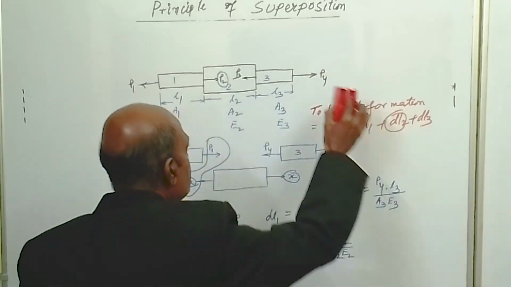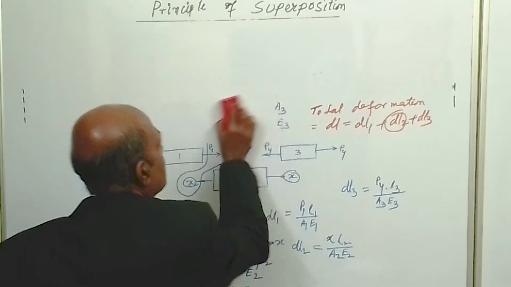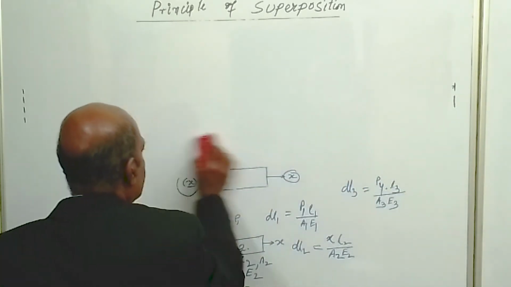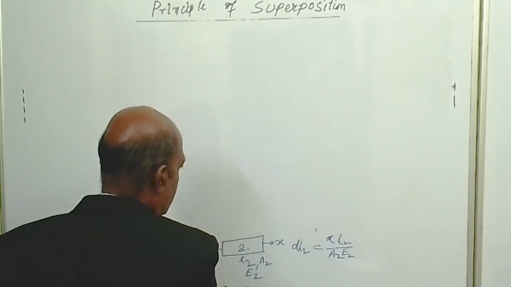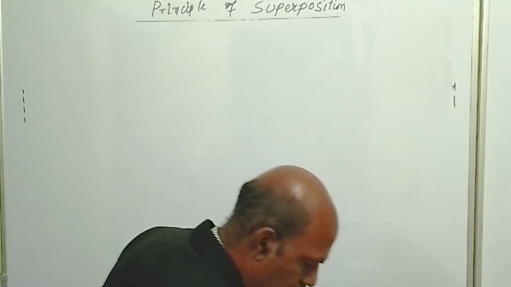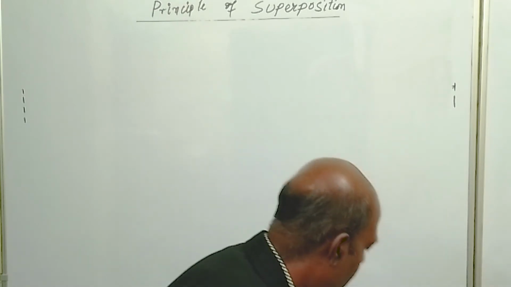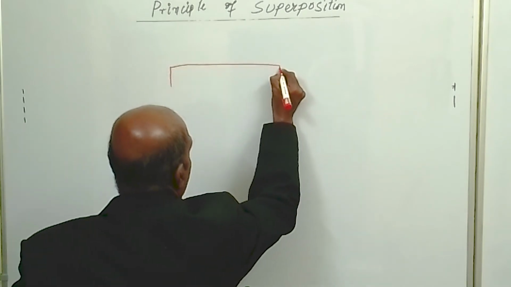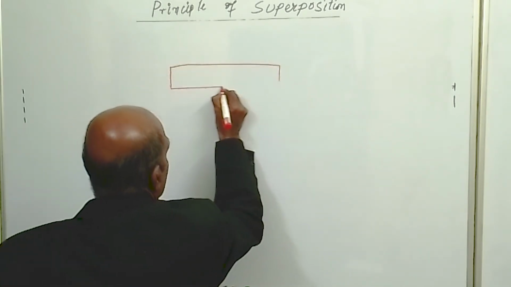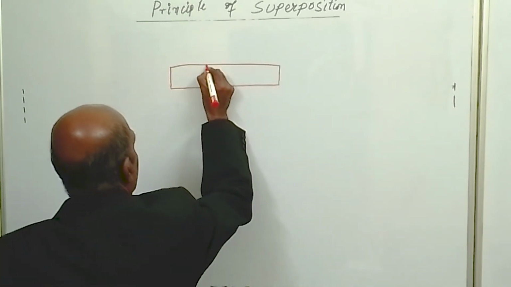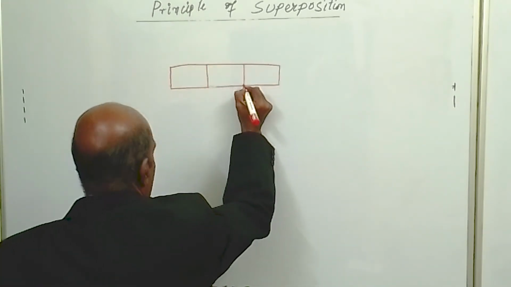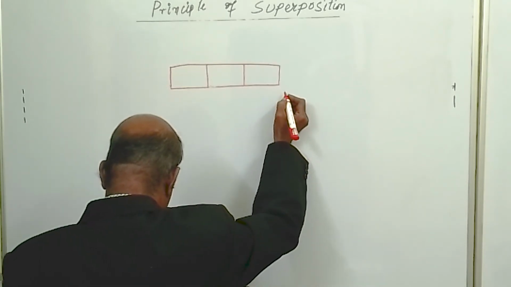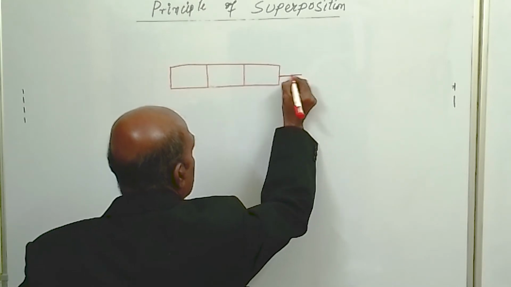The first problem we will see is on the principle of superposition. We have seen the theory, now we will see one problem. Say a uniform bar has three segments, and the respective forces are given. The force at the right is 21 kilonewton compressive.